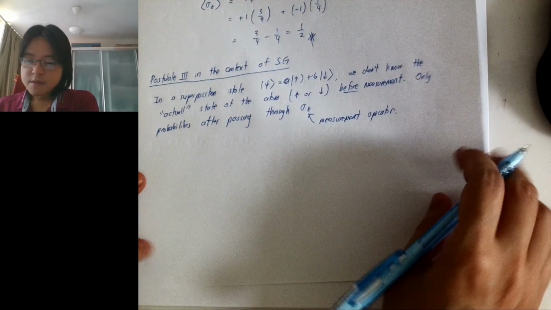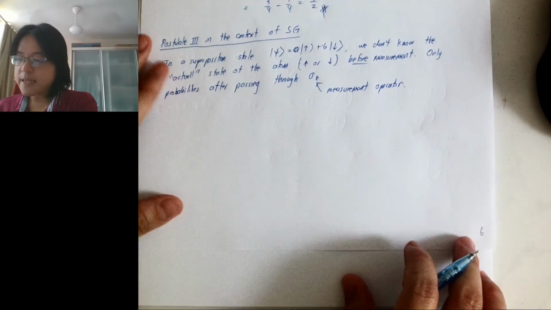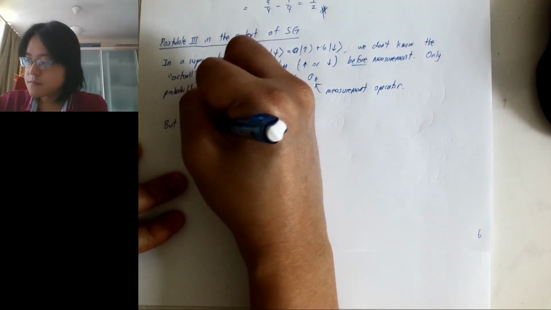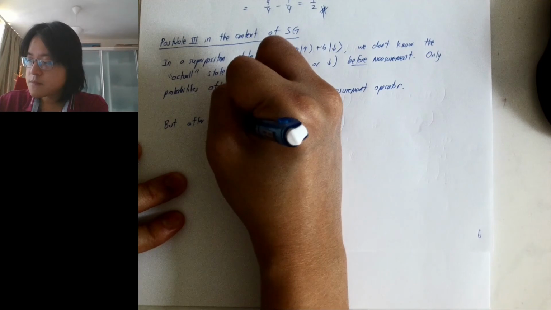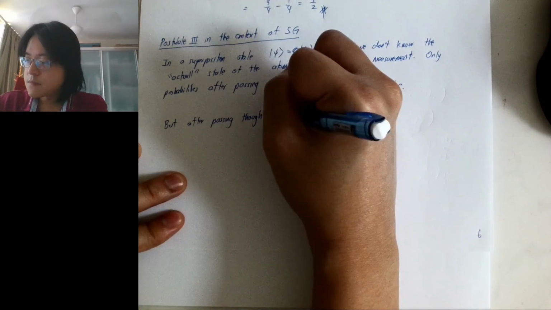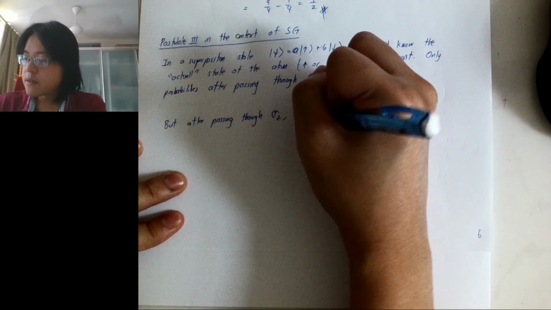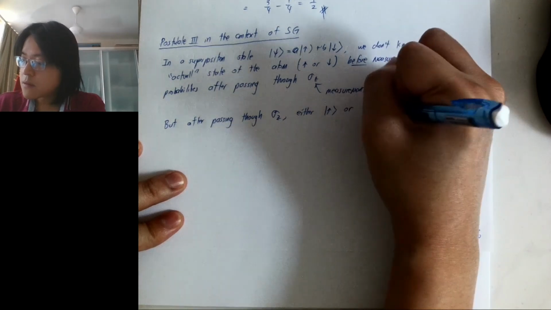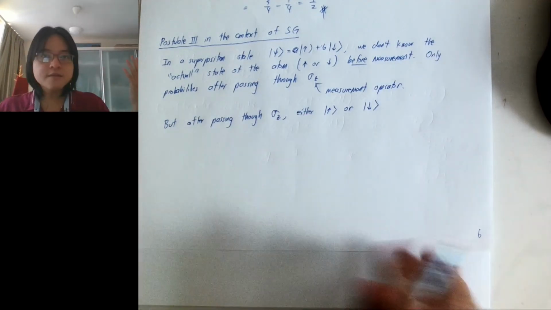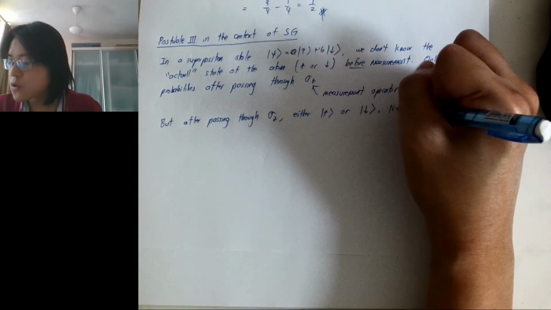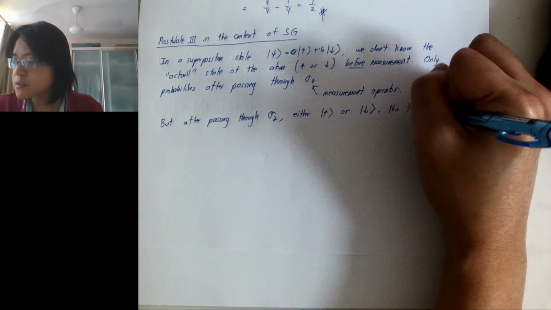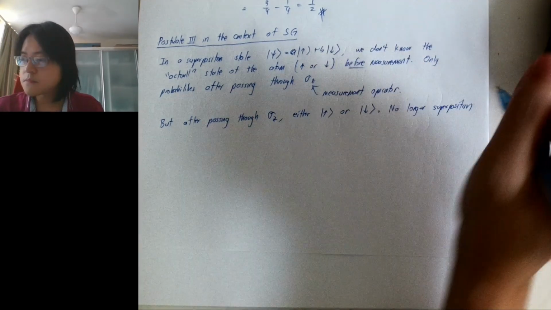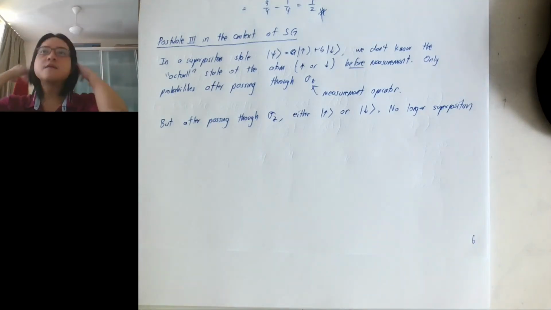But after passing through Z, in the measurement, we get either one or the other, but the main point is it is no longer a superposition.